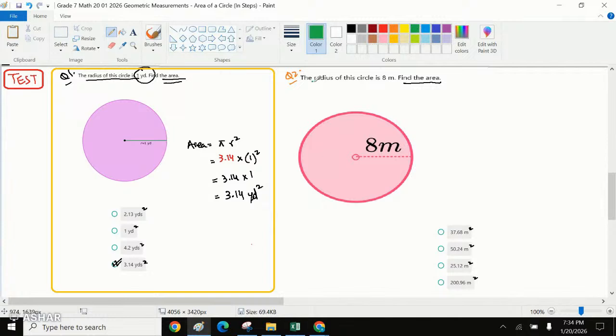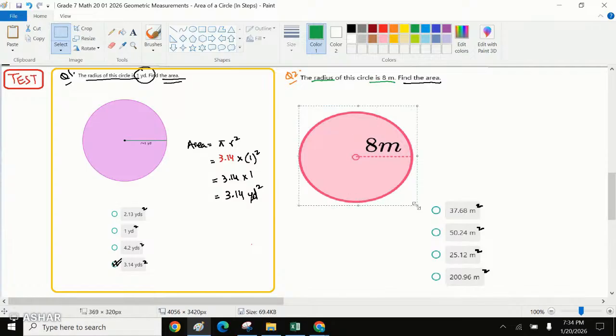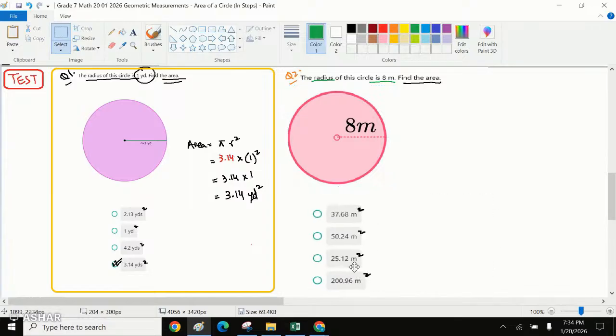What they're saying is the radius is given as 8 meters. So what should be the answer? I'll just increase the size so that it's much more readable for us. Okay, this is the circle and these are the options for us. So what is the area for question number 2? If the radius is given, we do not have to change anything, right?